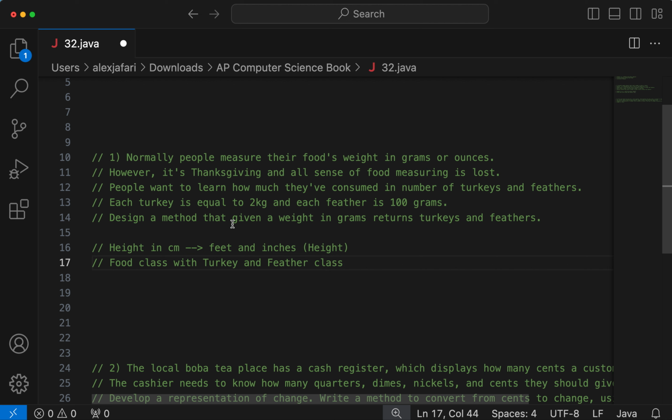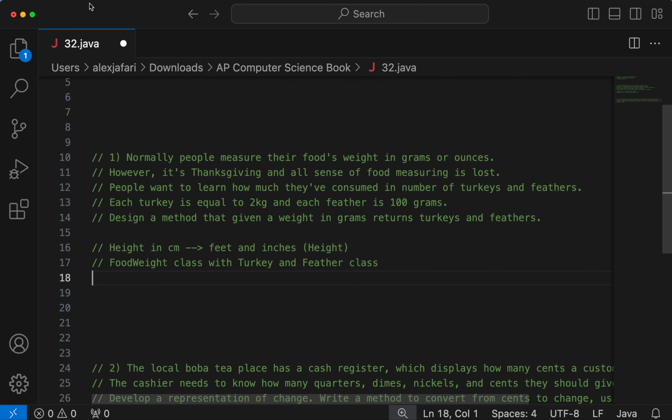Instead of food, however, I would call it perhaps weight or food weight, since we're not describing food. We already have a food class actually, but we're just describing weight, right? Yes. So food weight. Perfect.